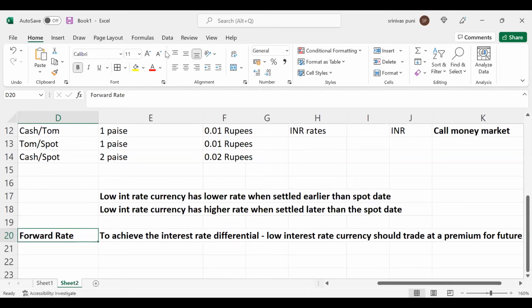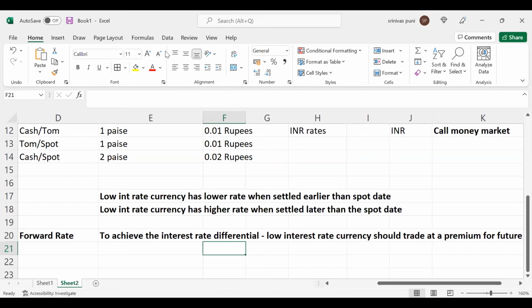That the rate is premium. That is the next point that you have to be aware of. Now, this premium or discount, in this case premium, came because rupee interest rate is higher than dollar interest rate. Right? Now, again, the question will come. How are these rates quoted? Again, there are nuances here. I will discuss it in much more detail in the future sessions.